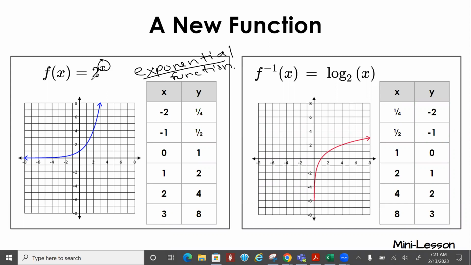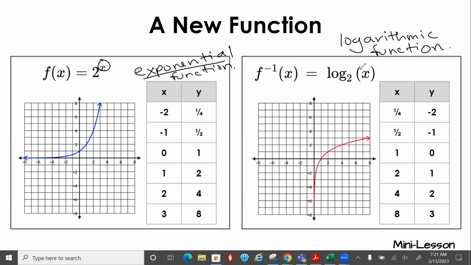So we got 2 raised to the x. And over here, we have something called a logarithmic function. This is the new one. These are the inverse functions of exponential. So logs are inverse functions of exponential.